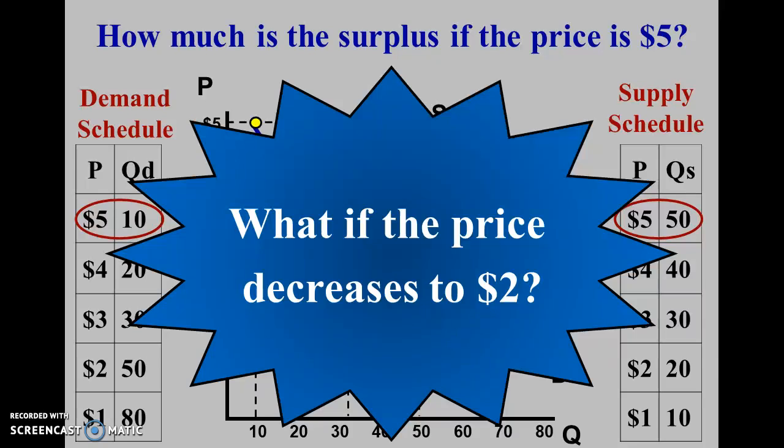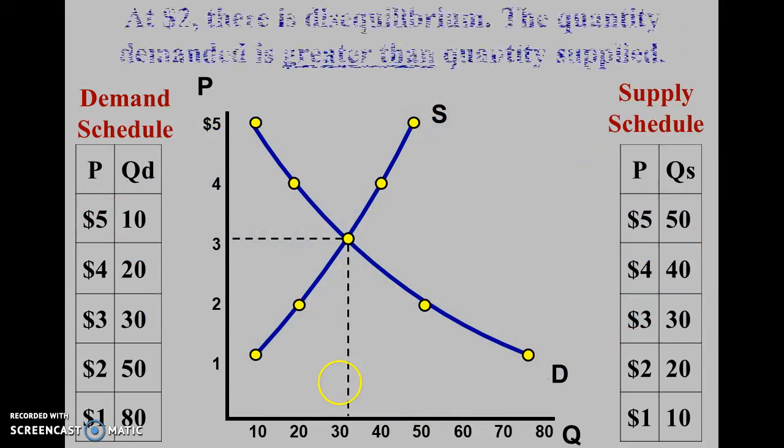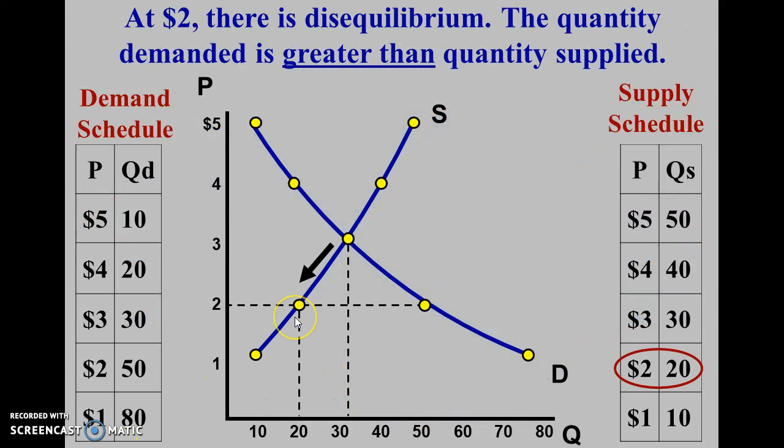What if the price goes down to $2? At a price of $2, we still have disequilibrium. We come over here to my supply curve, and my quantity supplied is now 20, because as the price of an item goes down, quantity supplied also falls.